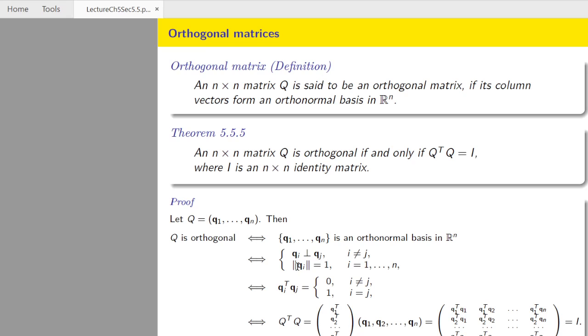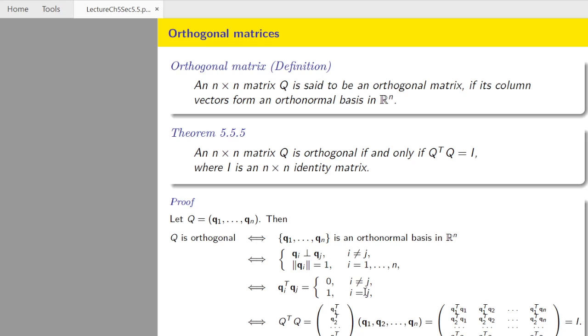So this is the same as when we look at the inner product between Qi and Qj, we can say this inner product equals 0 if i and j are not the same. That's because Qi and Qj are orthogonal, so the scalar product equals 0 when i and j are not the same.